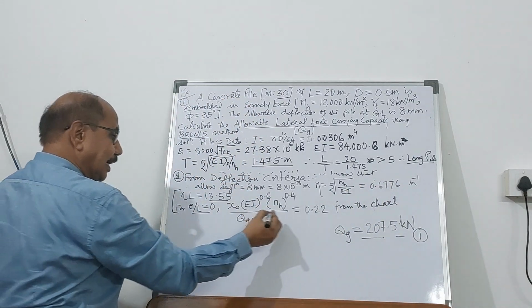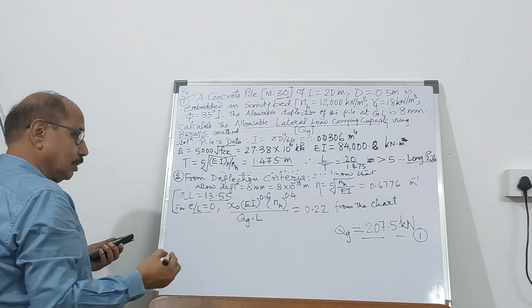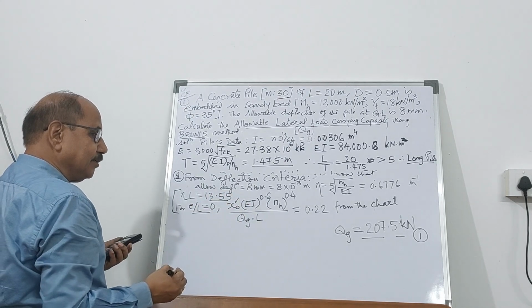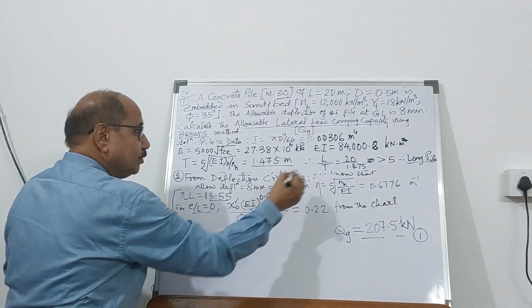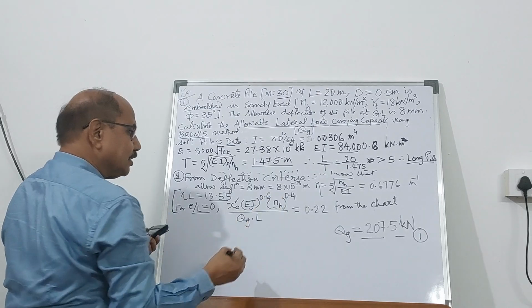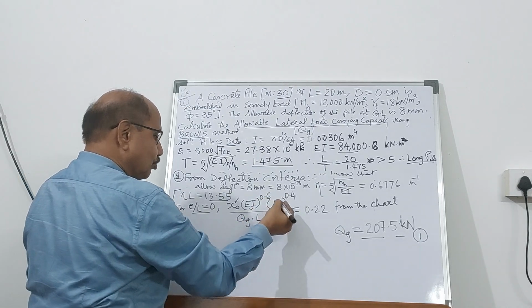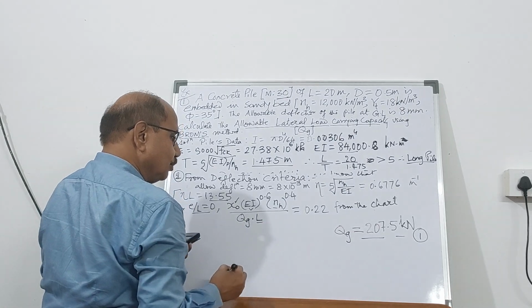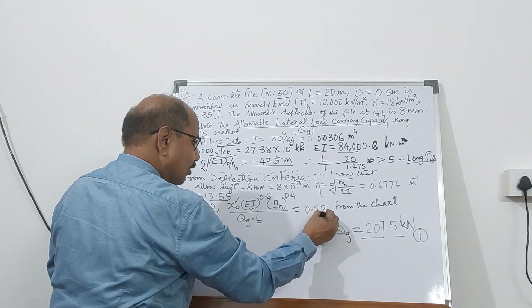So from deflection criteria, I have got this value. Now x naught is already known to me. It is 8 millimeter. EI is already known to me. I have already calculated. NH is already given as 12,000. Length is already known to be 20 meter, and this value I have got.